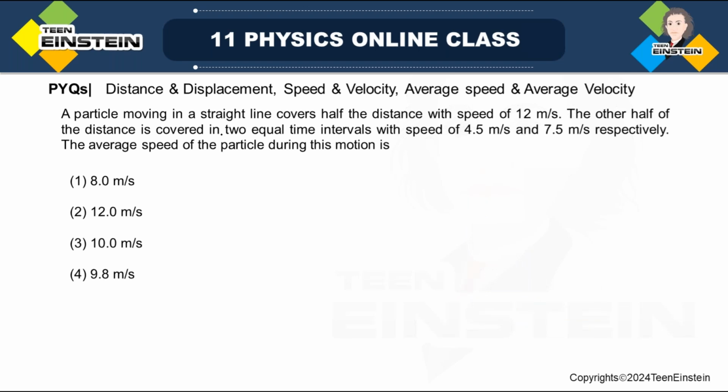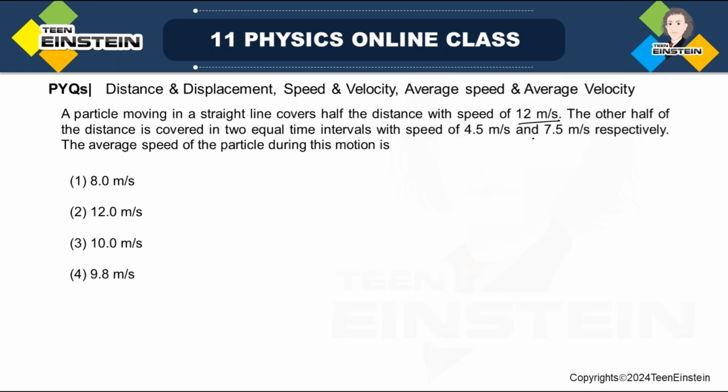So as you see, this question we could not attempt in the proper way yesterday due to some reason. Let us try to read this question, understand and solve it today. This question says: a particle moving in a straight line covers half of the distance with speed 12 meters per second.